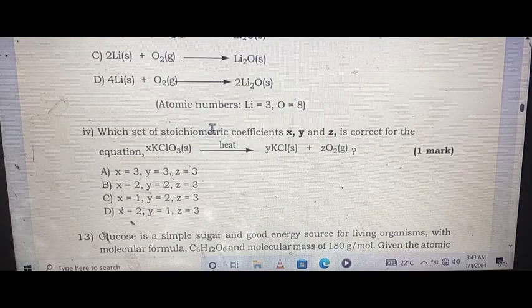4. Which set of stoichiometric coefficients X, Y, and Z is correct for the equation: X potassium chlorate, in the presence of heat, forms Y potassium chloride and Z oxygen?